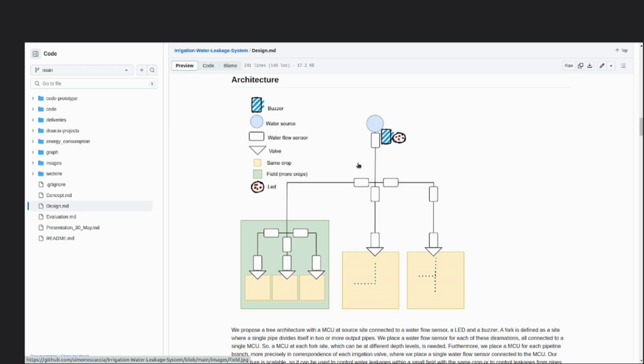As you can see, we designed the system with a tree architecture because it is a scalable architecture, and we can distinguish mainly three components. There are the sheaf, fork, and branch. In the sheaf component, we have a microcontroller unit that is attached to a LED, buzzer and the water flow sensor, and it is at the water source site, so it has to monitor the water flow at the source.